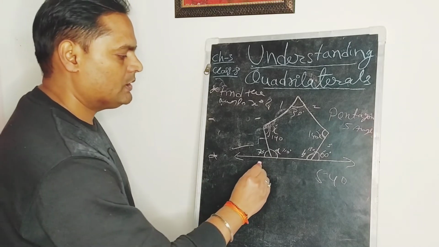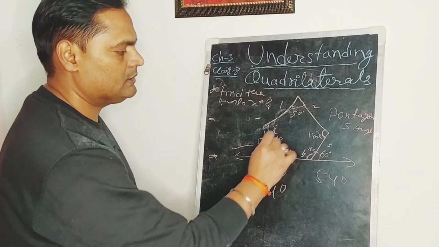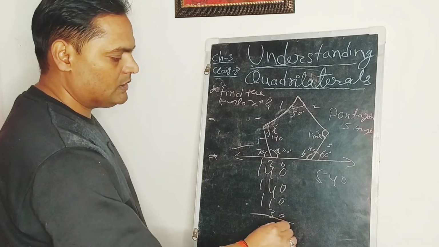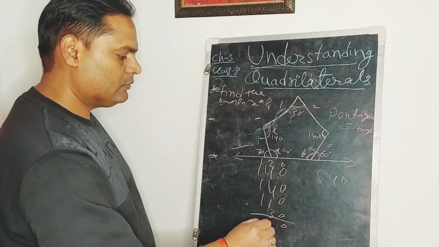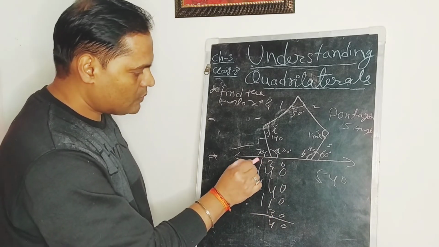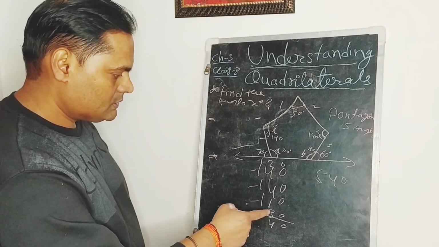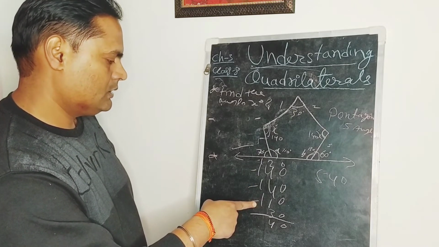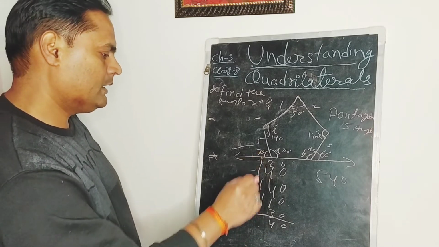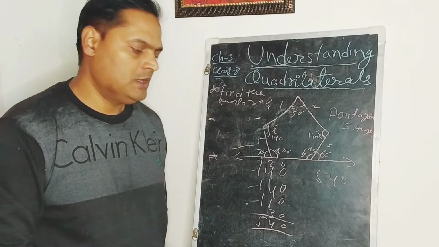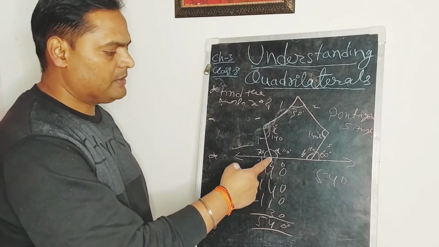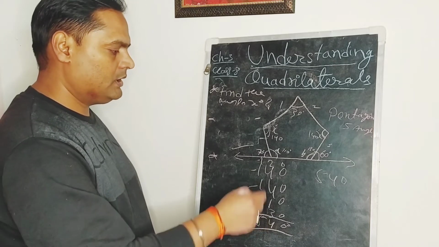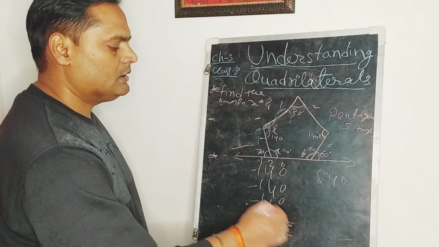So you can also substitute 140, 140, 110, 120, and 30. Adding them up, we get a total of 540, which is the answer.